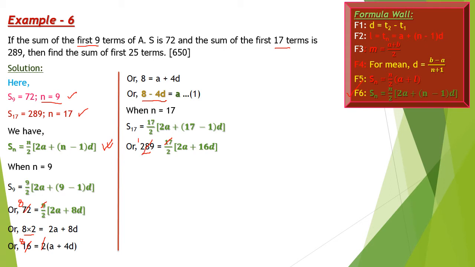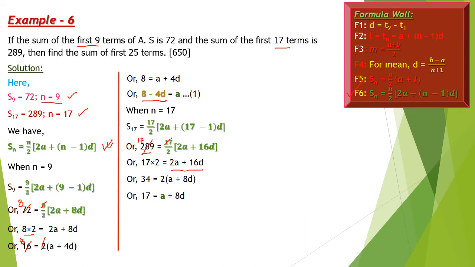17 times, now we can take 2 common from here. Okay, now we can cancel 2, 17 times 17 is 289, so 17 equal to a plus 8d.